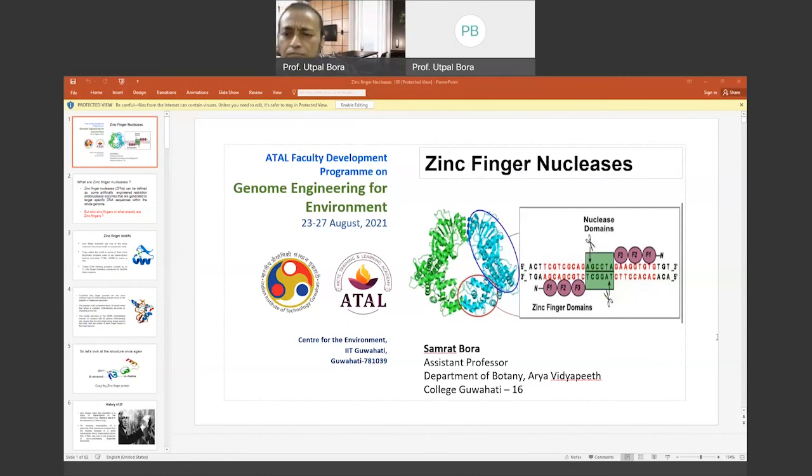We don't know what it can do. But of course, before it could become widespread, TALENs came up. And even before TALENs could become more widespread, CRISPR-Cas9 came up as one of the latest gene editing systems.